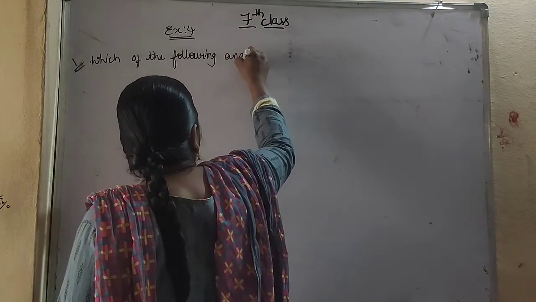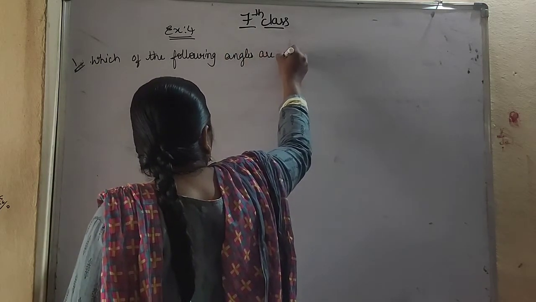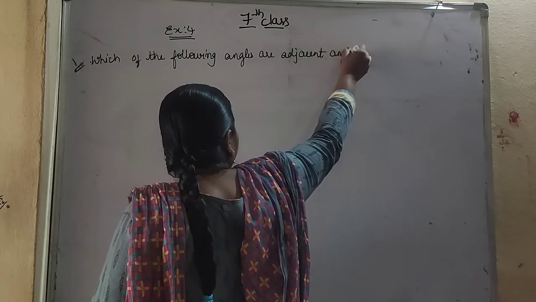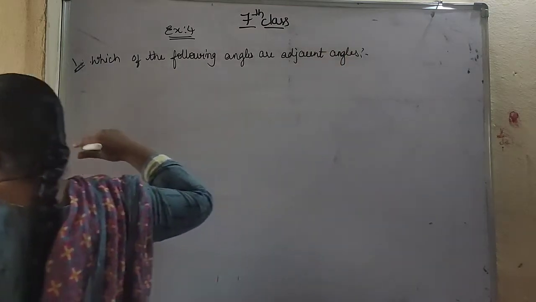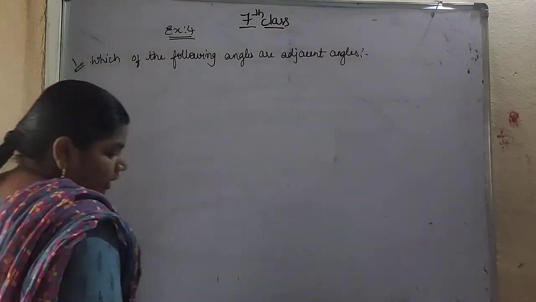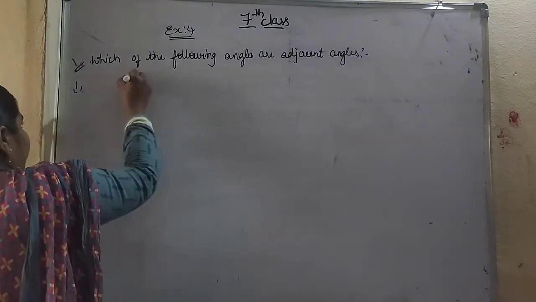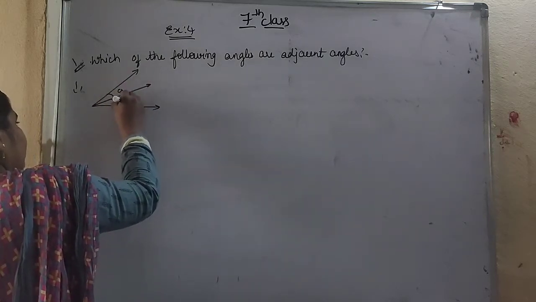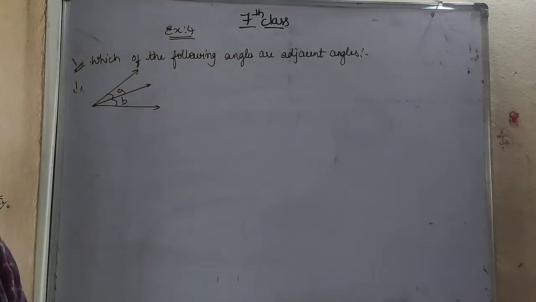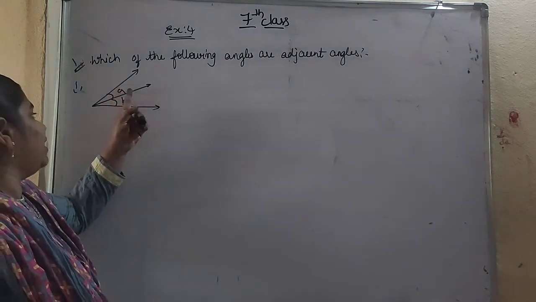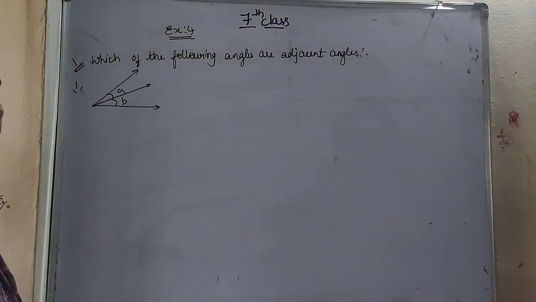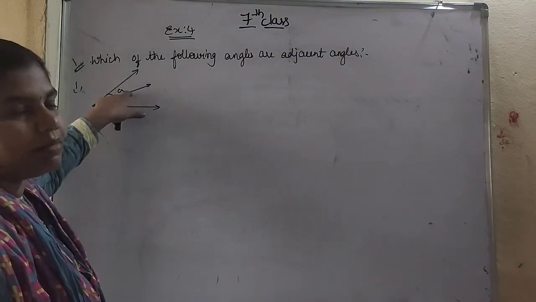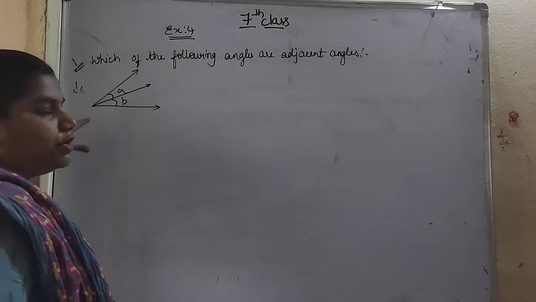In that, the first figure is in this way. Are they adjacent to each other? Can you say this angle A and angle B are adjacent to each other? Yes, they are adjacent to each other because they have a common arm and also a common vertex.